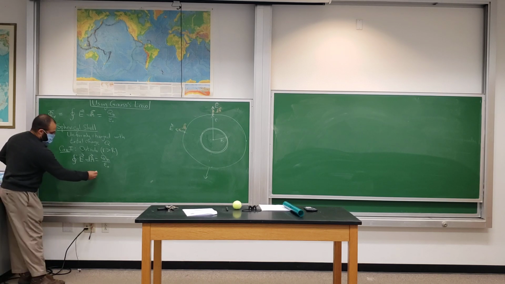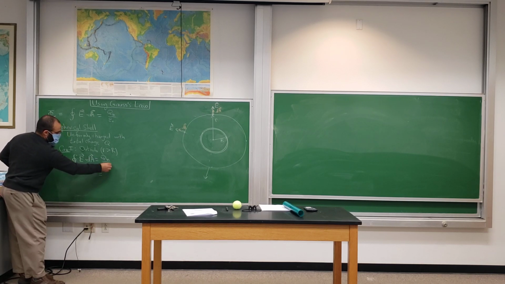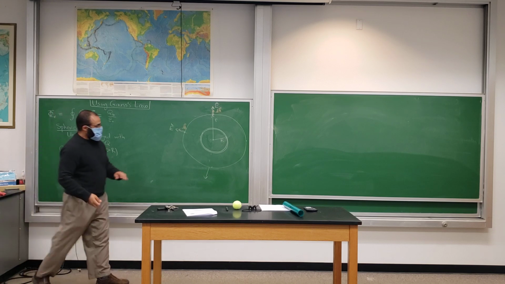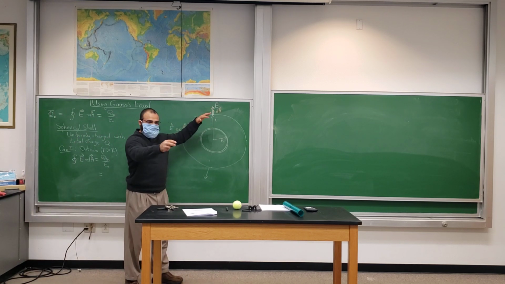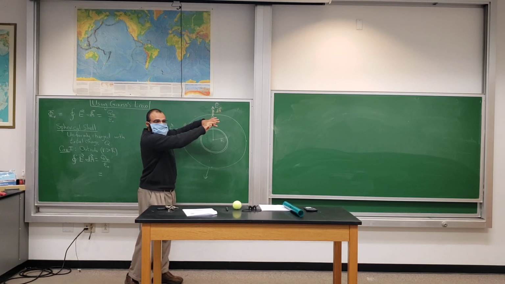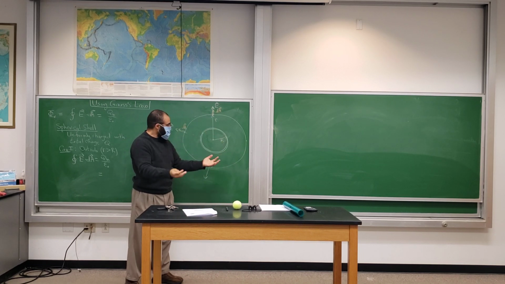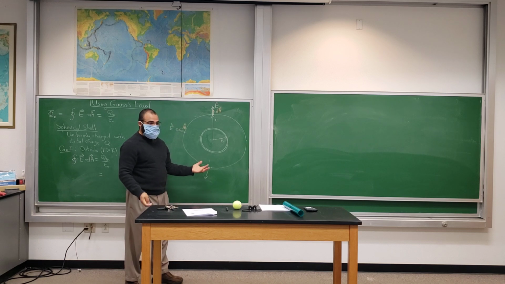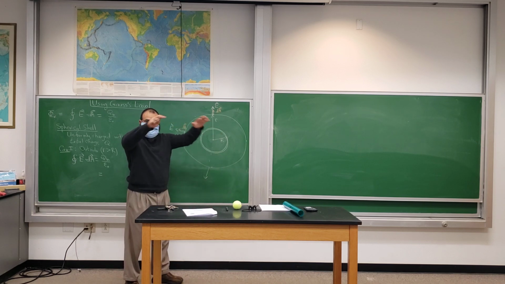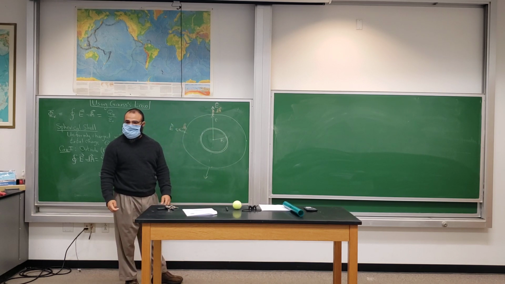Let's look at the right-hand side first. My Gaussian surface, imagine this is your plastic bag, is spherical. How much charge is enclosed within your Gaussian surface?